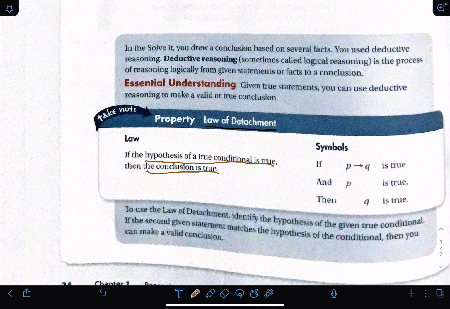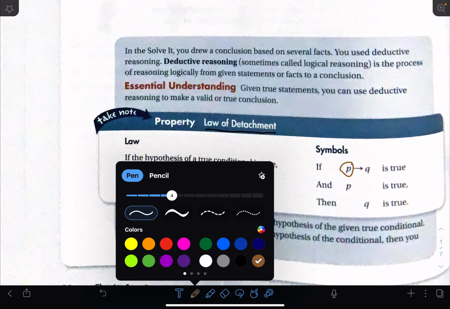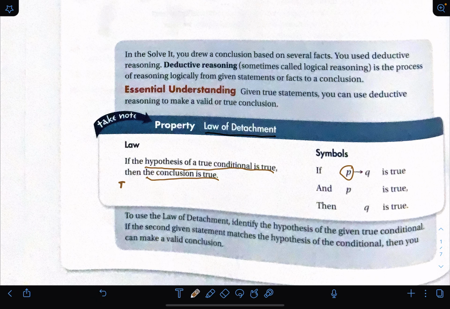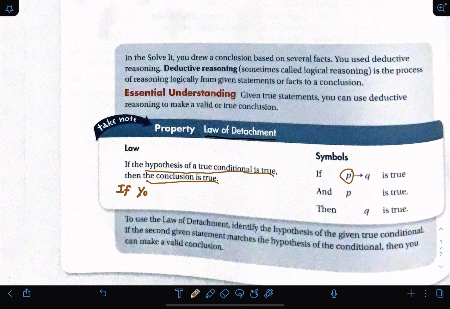So, if P, for example, I guess you could say something along the lines of, if you wear long pants, then you are tall.